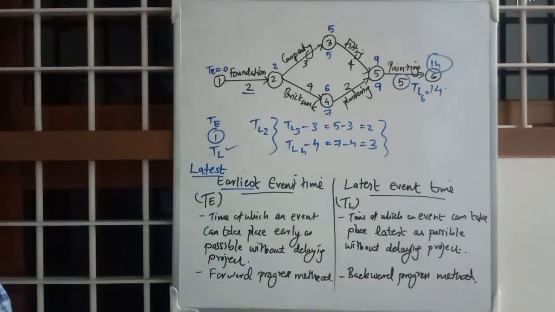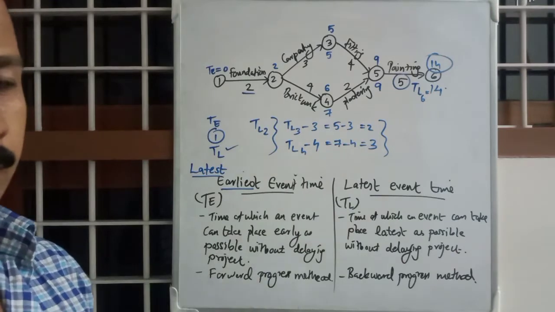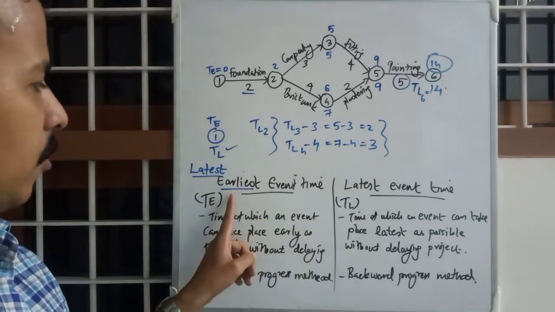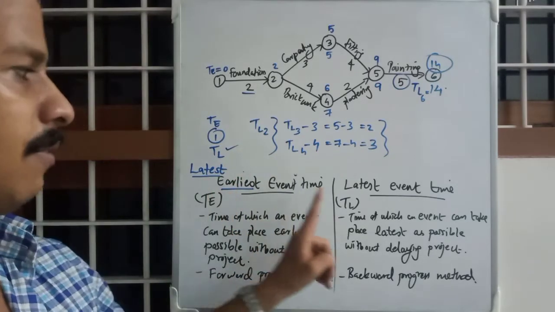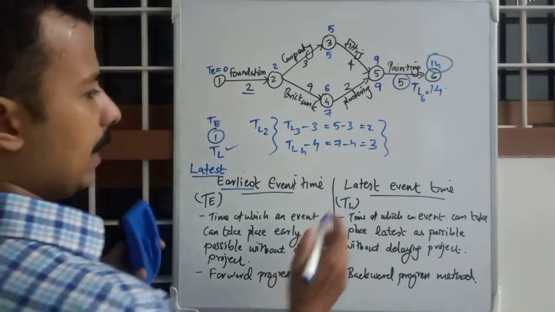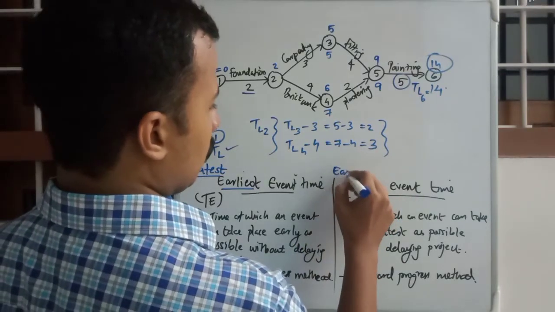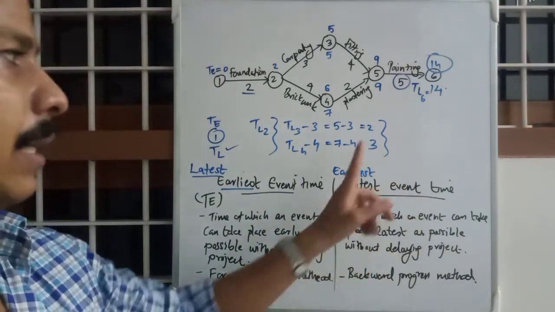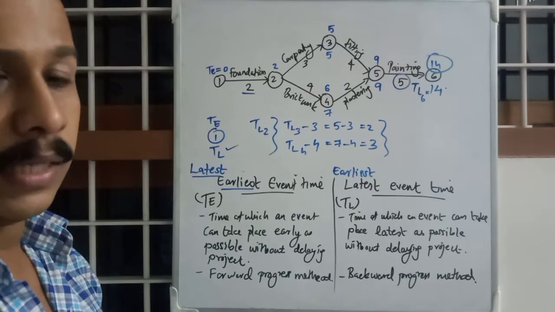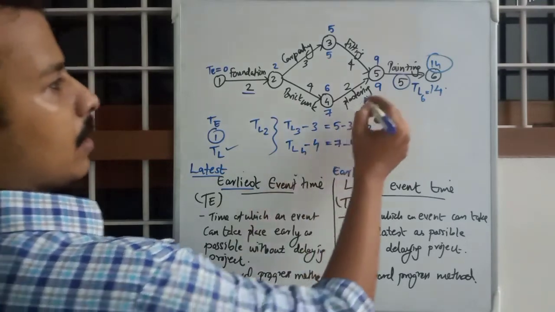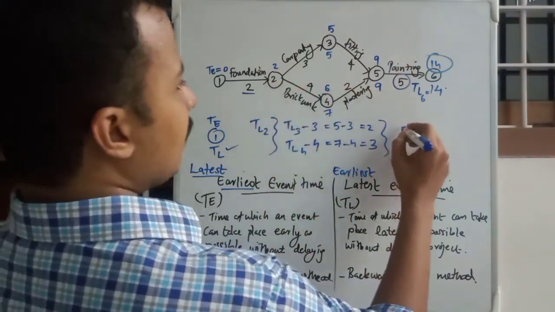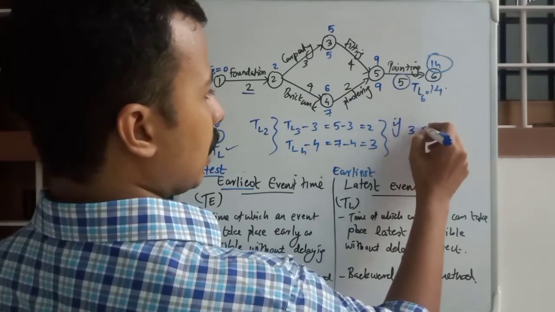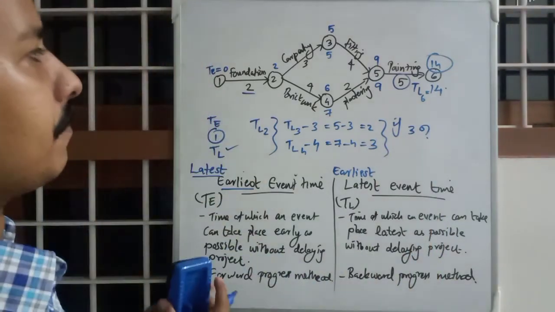You have to choose from these two values, and if you pay attention you can guess the value. As for TE we took the latest, for TL we will be taking the earliest. So the earliest latest event time will be taken from this one. The reason behind it is, if you take the latest one, if it is 3, what will happen?